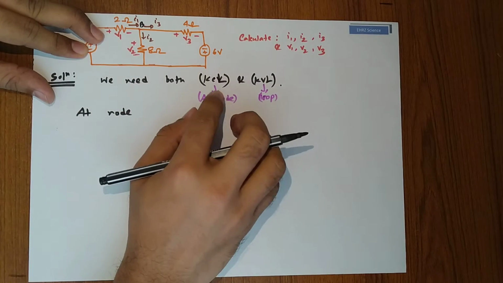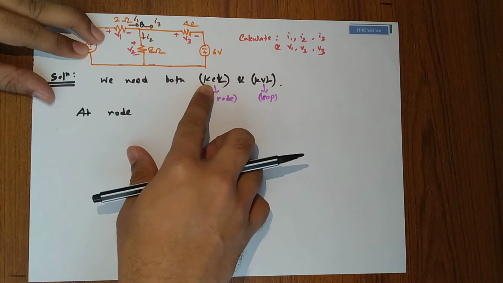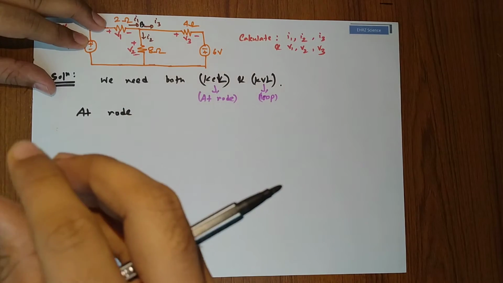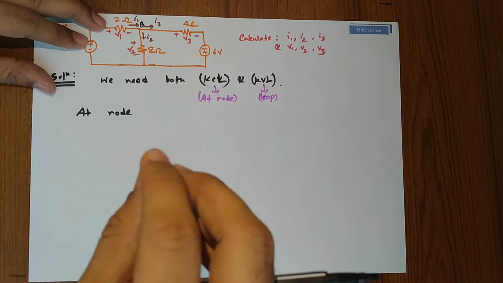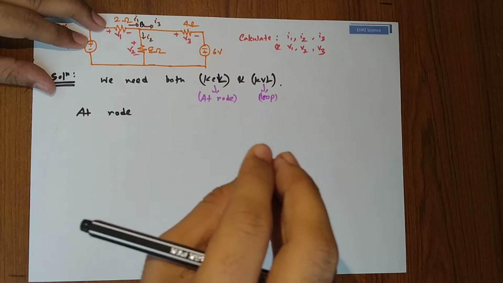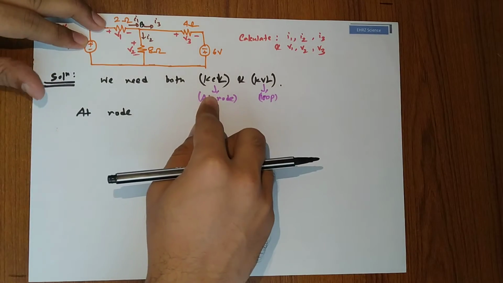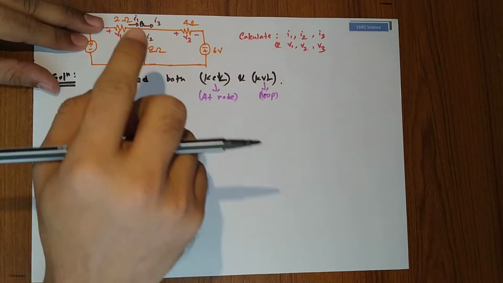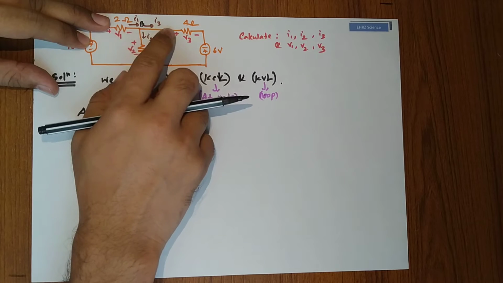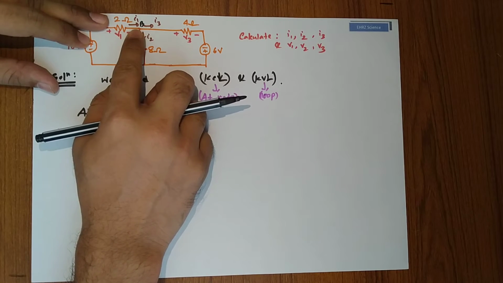I told you earlier, to apply KCL you have to identify the number of nodes, or the points inside the circuit where you can apply KCL. I'm telling you again, to apply KCL you have to find where the currents have met, or the node.